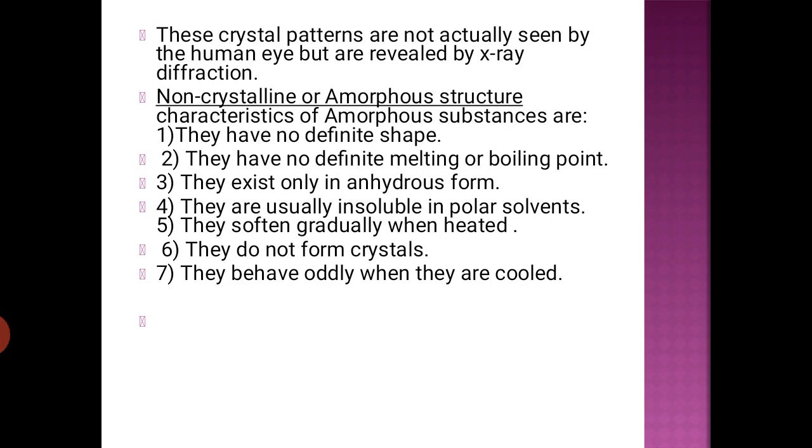So with these characteristics of this one and the crystalline, you can easily use them to state their differences, assuming you are asked to differentiate between crystalline substances and amorphous substances. Their characteristics have already shown their differences.